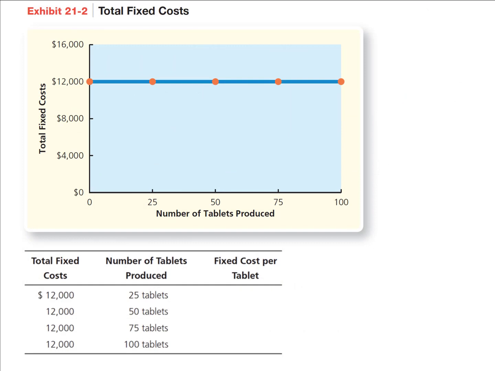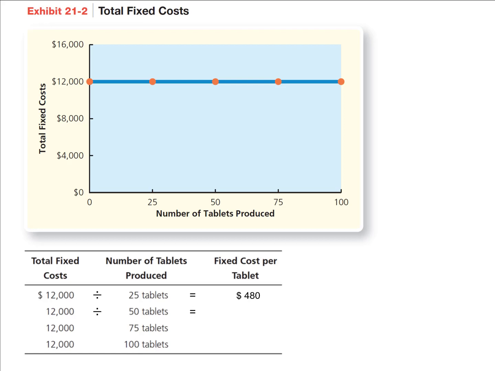So now let's calculate the fixed cost per tablet. We'll start out at the production level where we produce 25 tablets. To calculate the fixed cost per tablet, we simply take the $12,000 of fixed costs and divide by 25 tablets to get a fixed cost per tablet of $480.